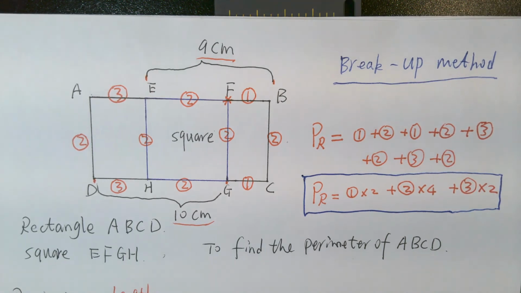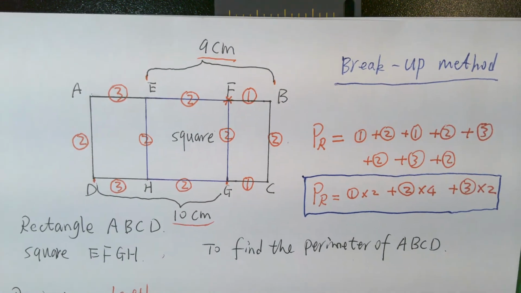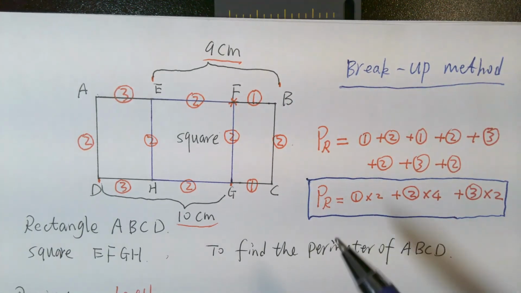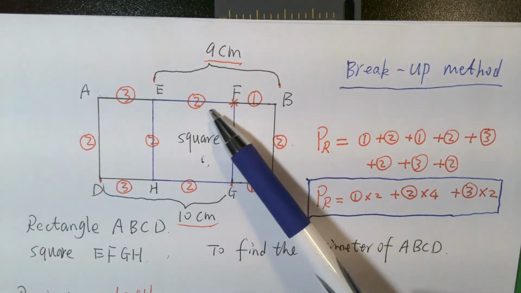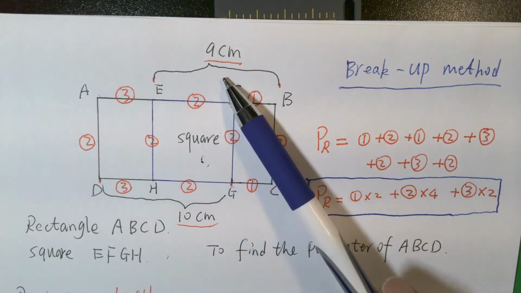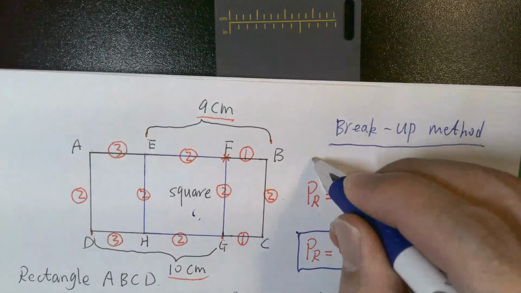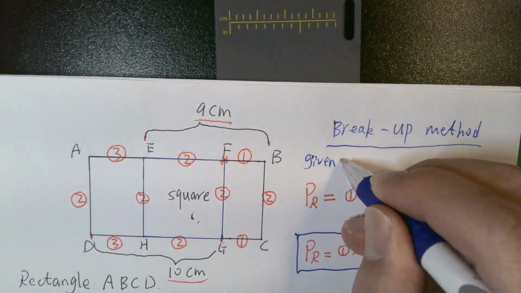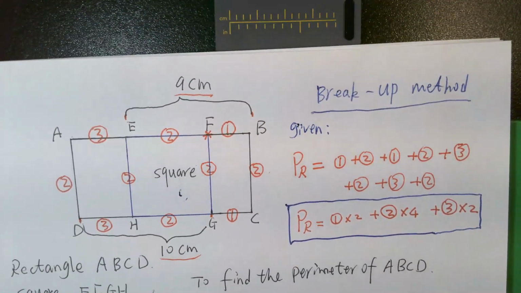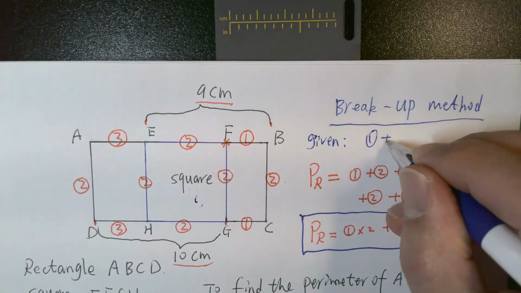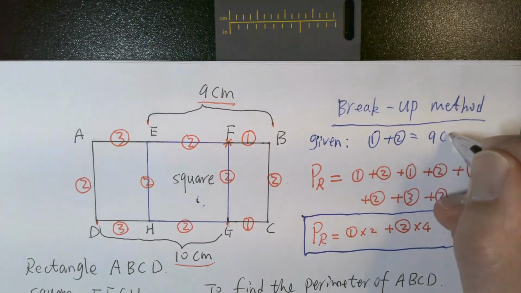And what do we know already? We know from the given that 1 plus 2 is 9, right? So, write a little given here. 1 plus 2 is 9 centimeter.